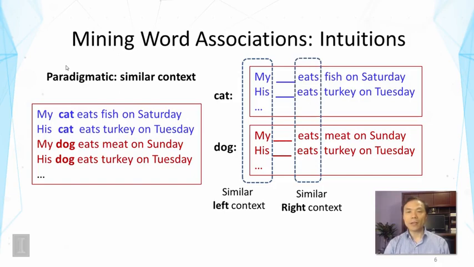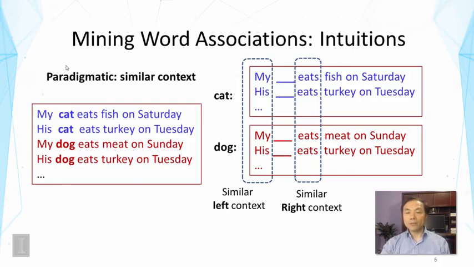Similarly, if you look at the words that occur after cat and dog, which we can call right context, they're also very similar. In this case, of course, it's an extreme case where you only see eats, and in general, you will see many other words that can follow cat and dog.